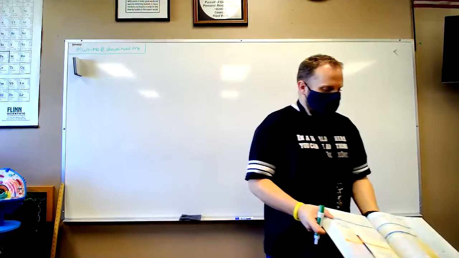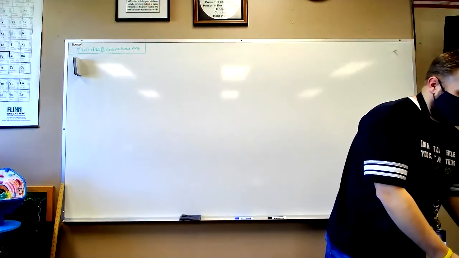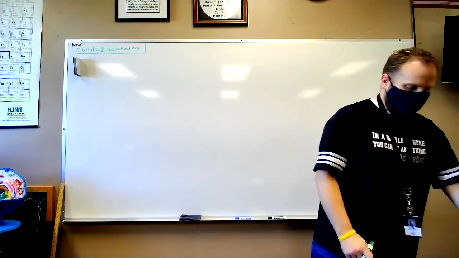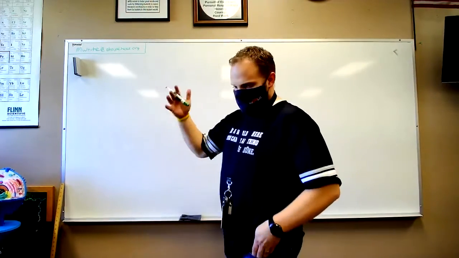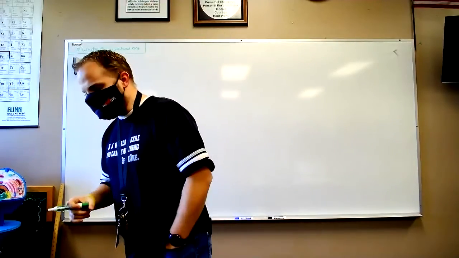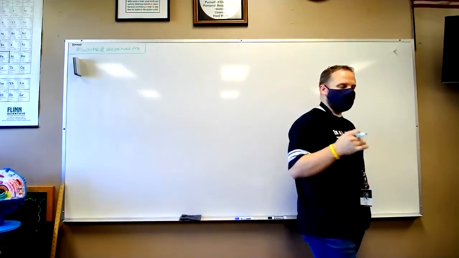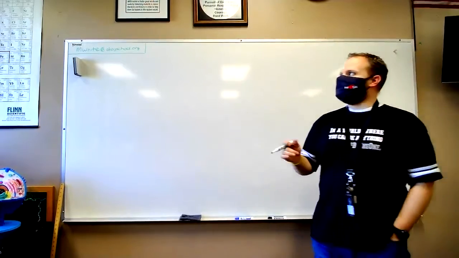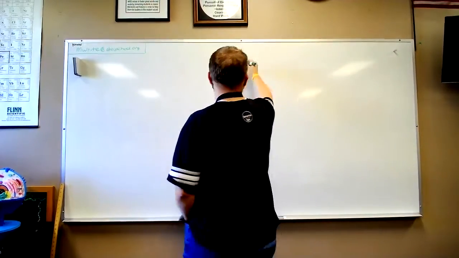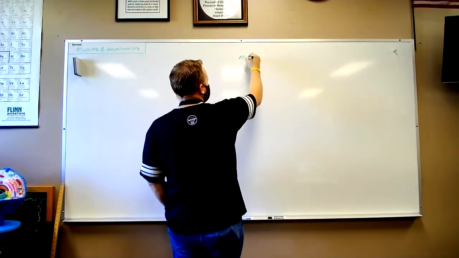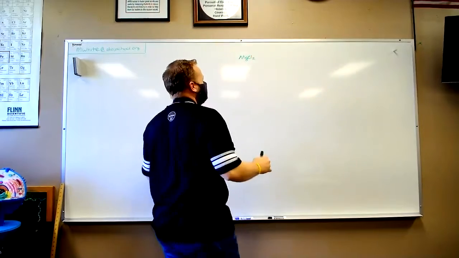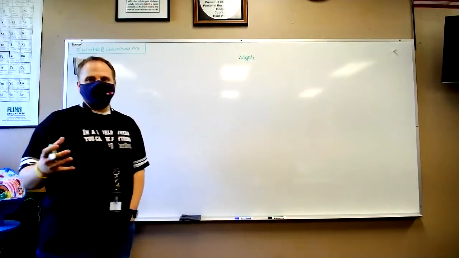compound. So this is honestly the biggest difference between covalent and ionic bonding names. In ionic bonding, we didn't care how many of each thing there were. So for instance, in ionic, we just said magnesium chloride.